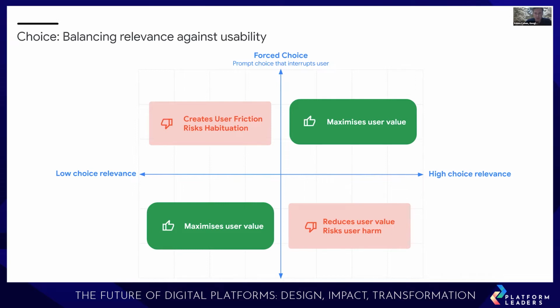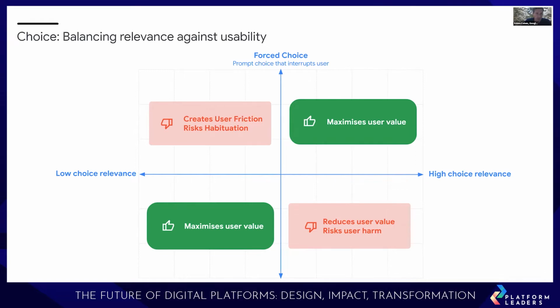If you look at the x-axis, this is really about the relevance of the choice to the user. How important is this choice going to be to them? If you look at the y-axis, you can think about a measure of that friction that I described, where the user sees increased friction and where there might be a lower friction or a less intrusive approach to presenting that choice.